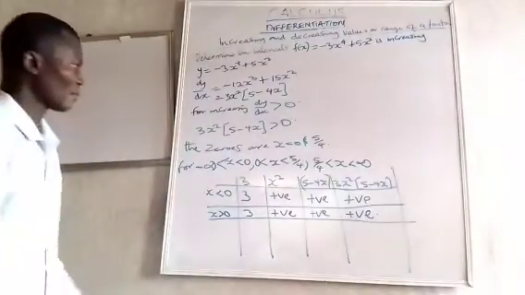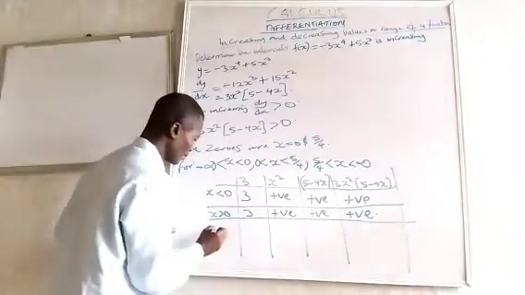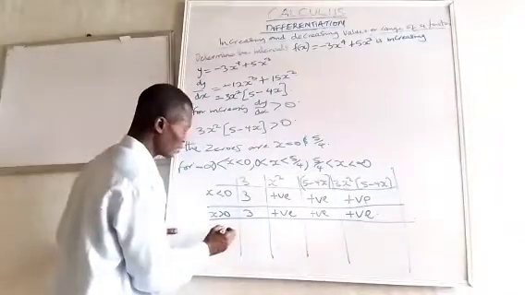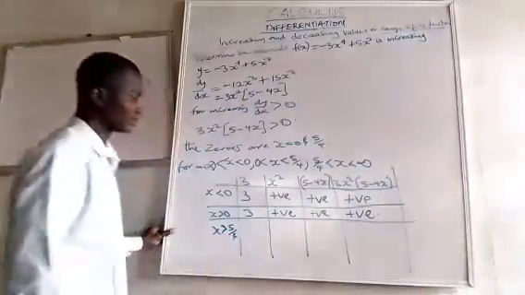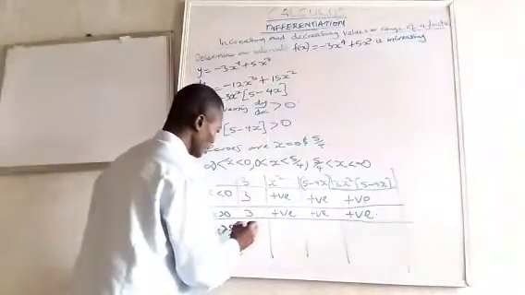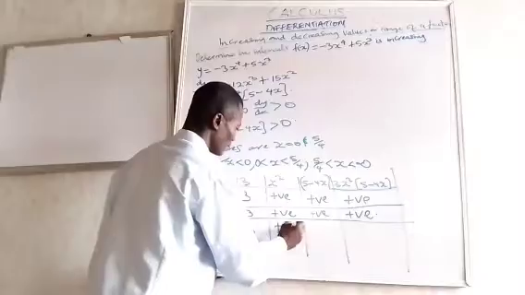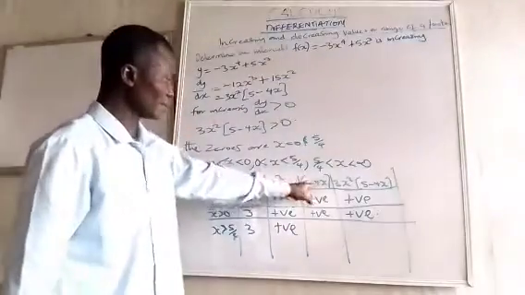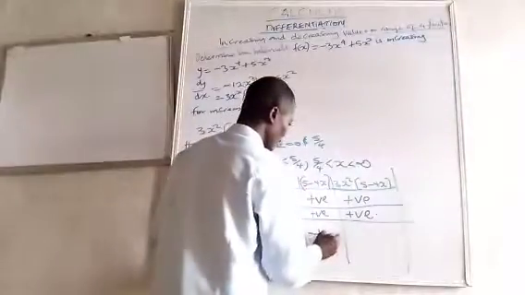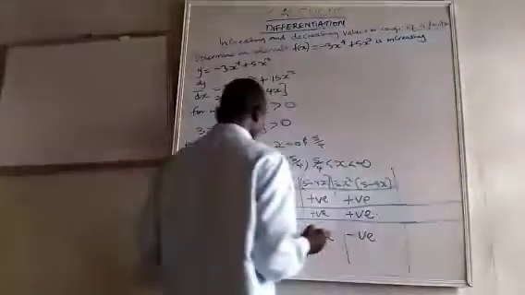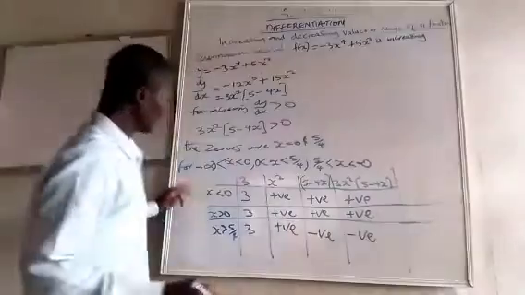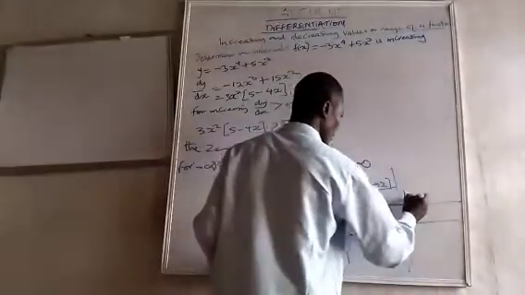Now, when x is greater than 5 over 4, this base will be negative. So what we are now saying is that from negative infinity to 0 is increasing.